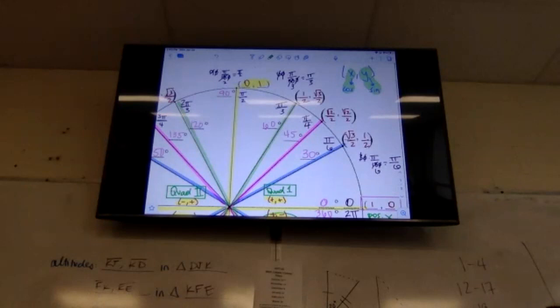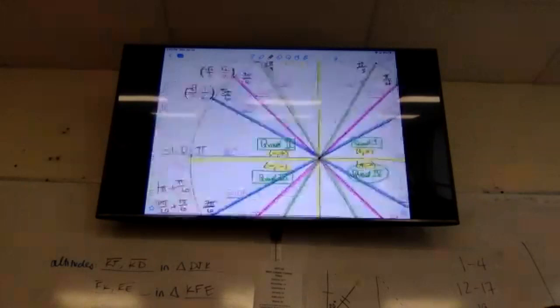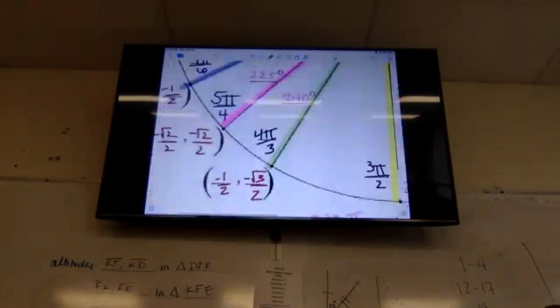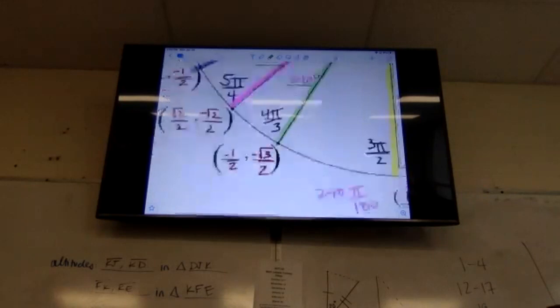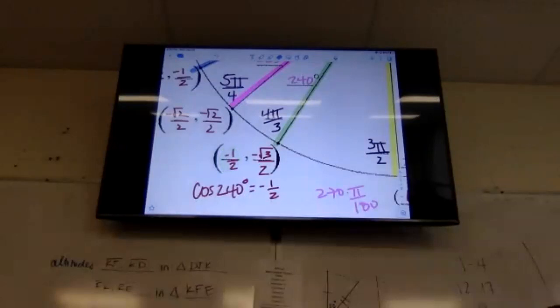We could go down to our 240 on our little lines. We're gonna go find 240. And I said cosine, right? Which one is cosine, your X or your Y? X. So I would say, okay, cosine of 240 is -1/2. That's why we're using this. So we can easily know some of these really important angles.